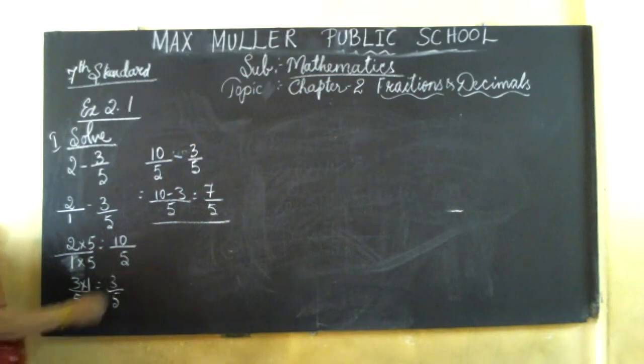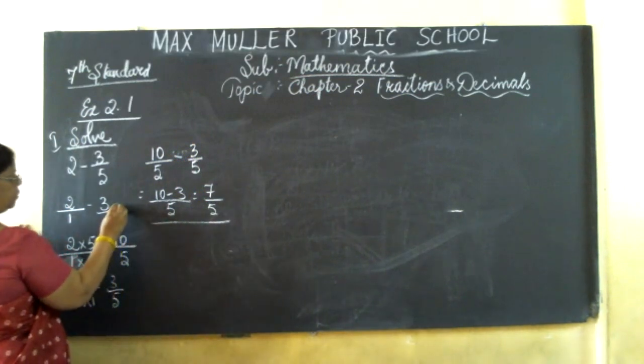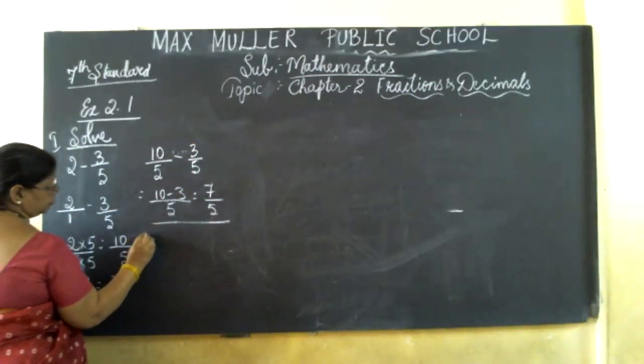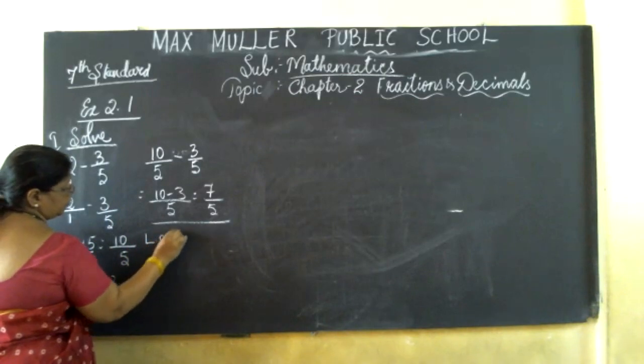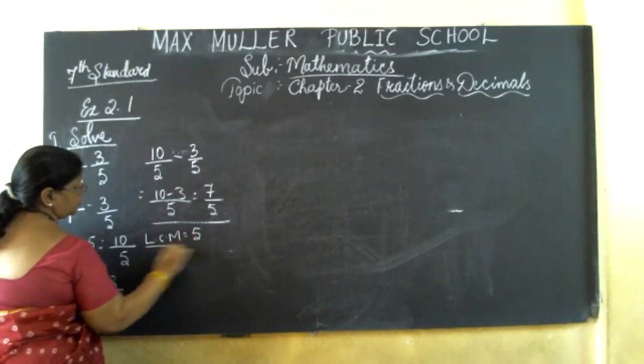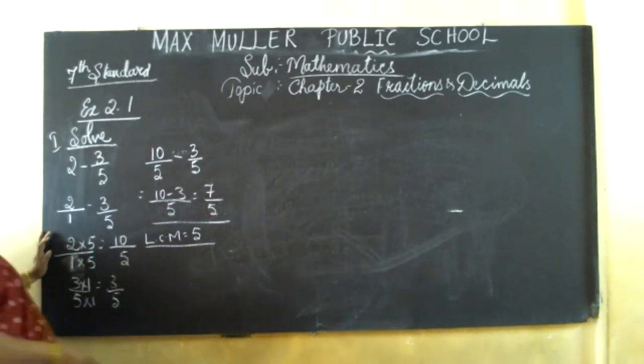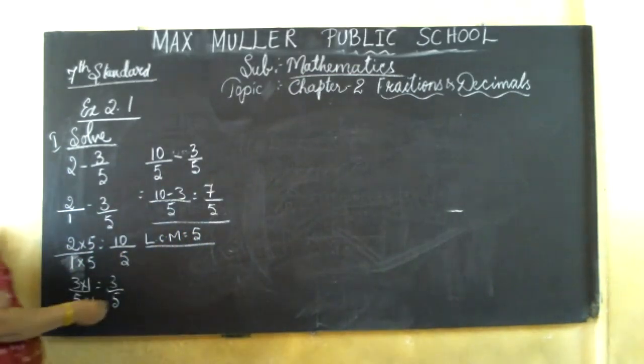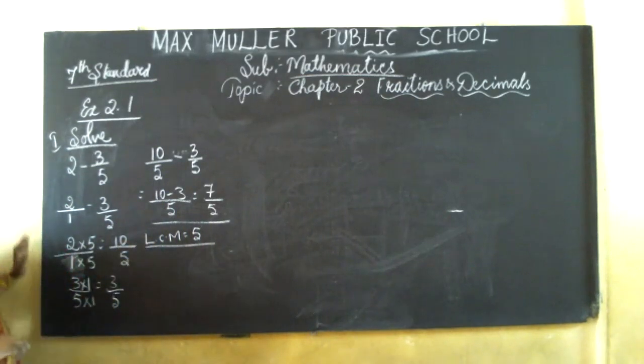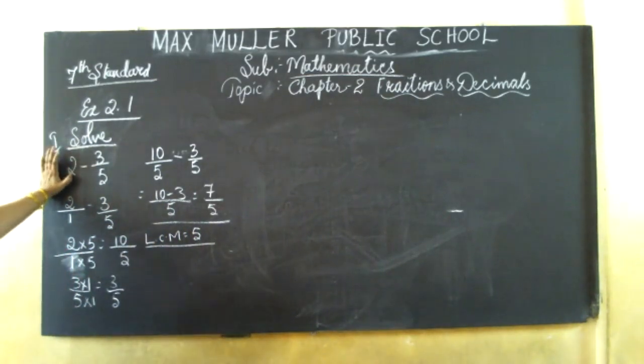Here the LCM is equal to 5. Then you have to write this. See, once again I'll tell you, 2 is a whole number and then 3 by 5.